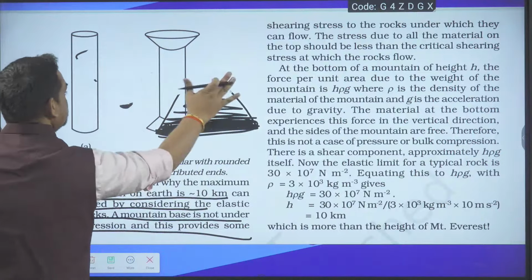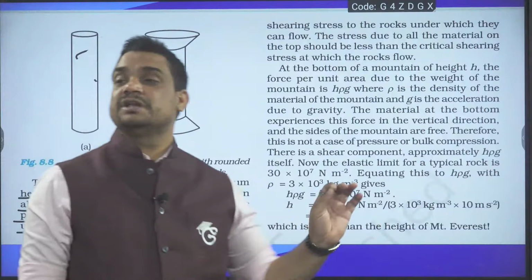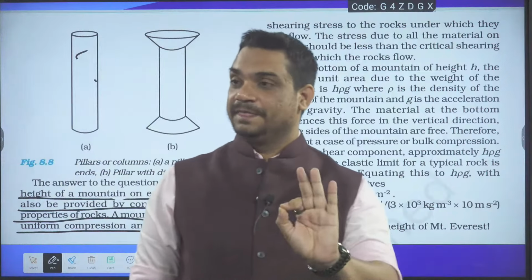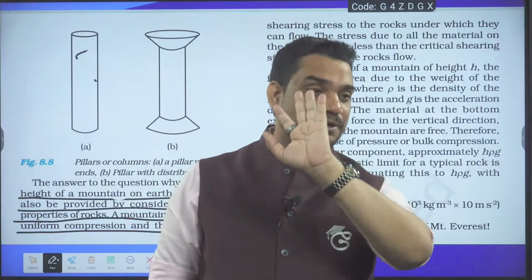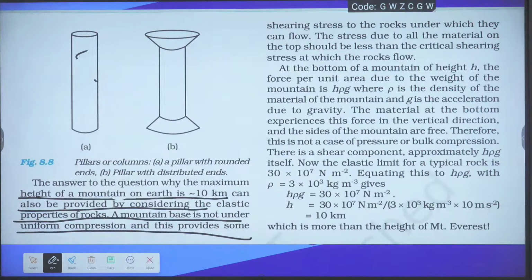Okay. So in this one, they are saying what is the maximum height of mountain? 10 kilometer, more than 10 kilometer you don't have any mountain. If anyone asks what is the maximum height of mountain on this earth, we can say the maximum height of mountain is 10 kilometer. This is a general knowledge question also, okay, you can remember.